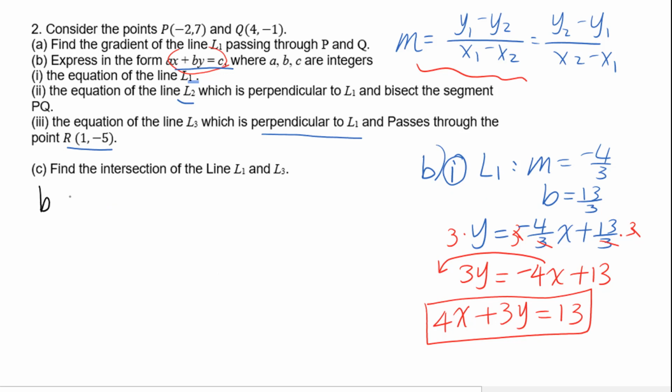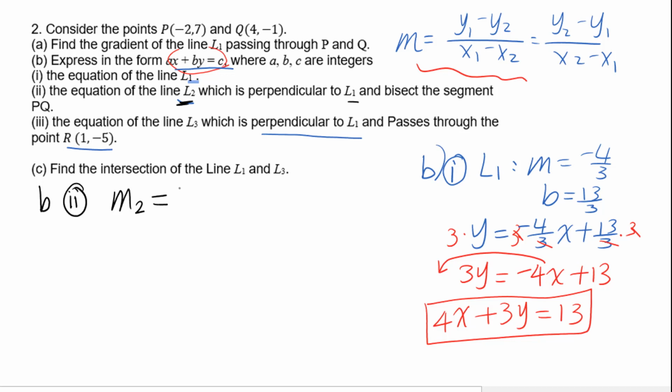For B2, the equation of line L2, which is perpendicular to L1 and bisects the segment PQ. First of all, we will get a slope for L2, that is m2.